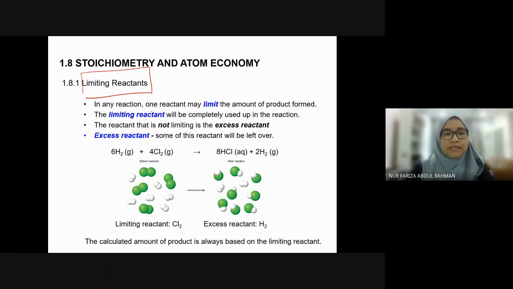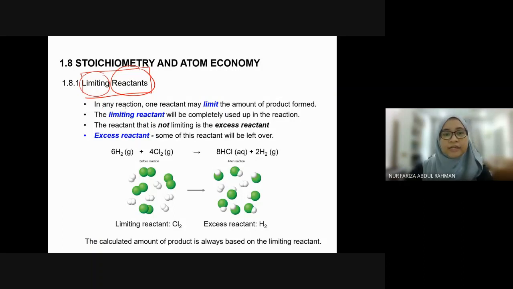Okay, limiting reactant. In any reaction, one reactant may limit the amount of product formed. The term limiting reactant itself: reactants means it is the starting material used in a chemical reaction, and limiting means the substance that limits the reaction.